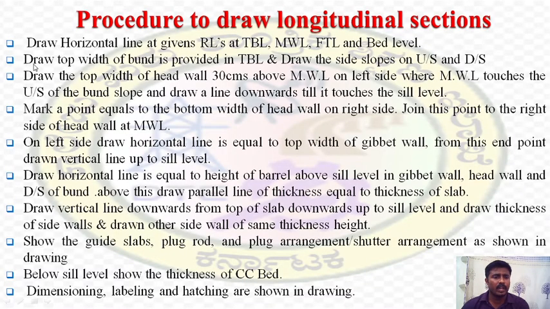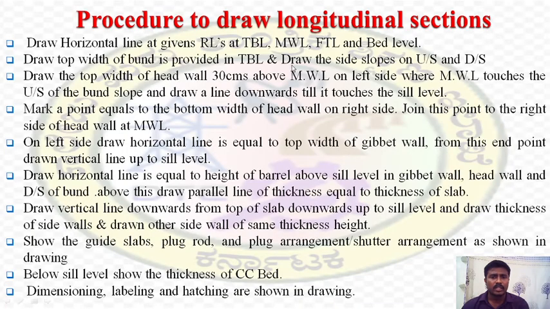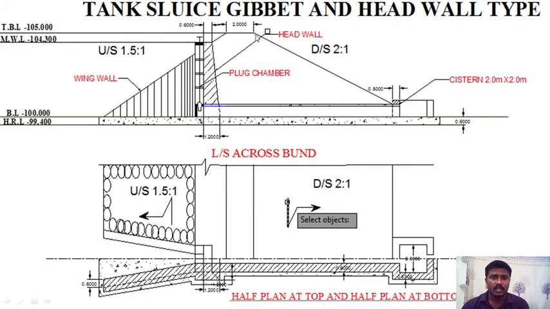Next, draw the top width of the bund provided in TBL. Next, the top width of the bund, that is the E point, draw the new top width of the bund. Then draw the side slope on upstream and downstream. In the problem they have given the proportions of upstream and downstream. You draw the downstream side slope and upstream side slope.